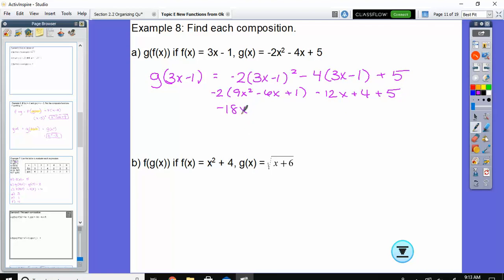Distribute my negative 2. And add our like terms. So we get a negative 18x squared. Positive 12x and negative 2x cancels. Negative 2 plus 4 plus 5 is 7.